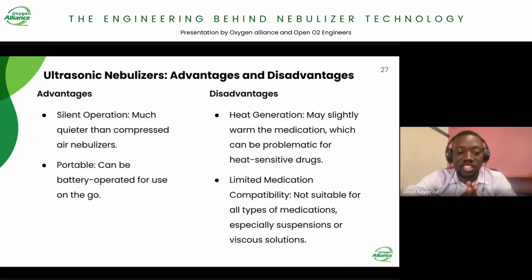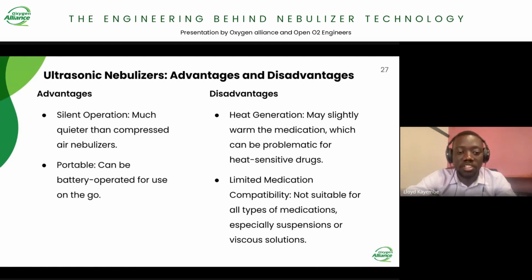On the disadvantage side, as I said, they generate heat because of the vibration of the ultrasonic piezoelectric material. This may slightly warm the medication, which can be problematic for heat-sensitive drugs. That's the major disadvantage of these ultrasonic nebulizers.